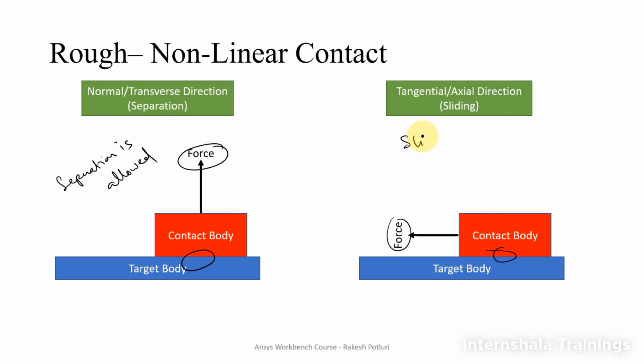That means sliding is not allowed. Why? Because when we apply the rough contact, it takes a mu value equal to infinity. Mu infinity means very high friction, and with that very high friction, the contact body cannot slide over the target body. So this is another type of nonlinear contact.